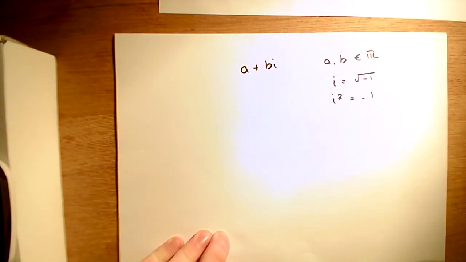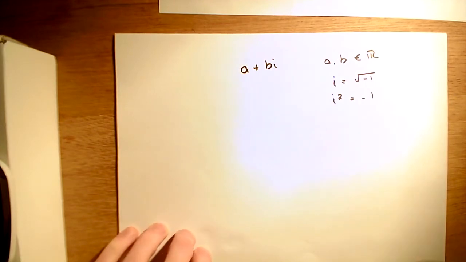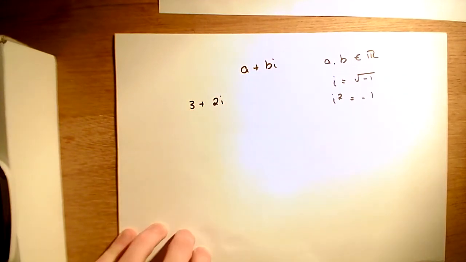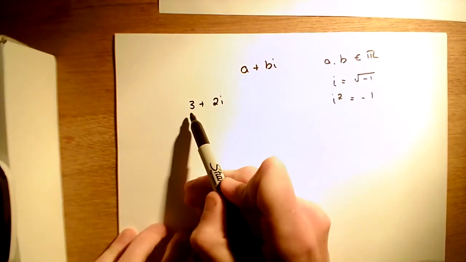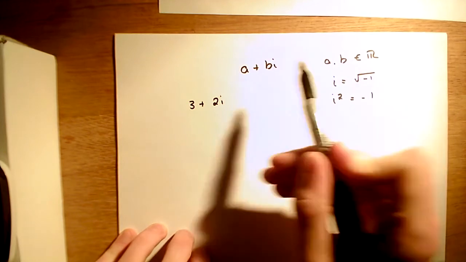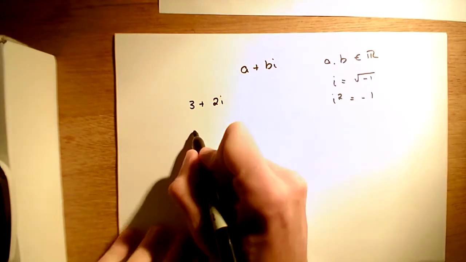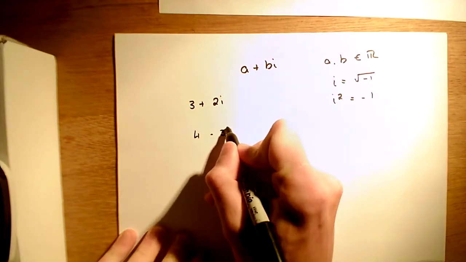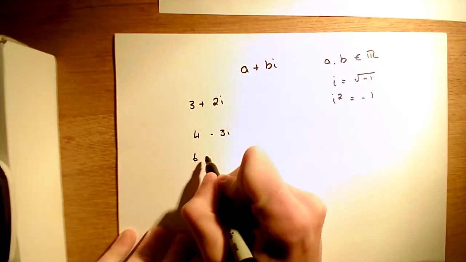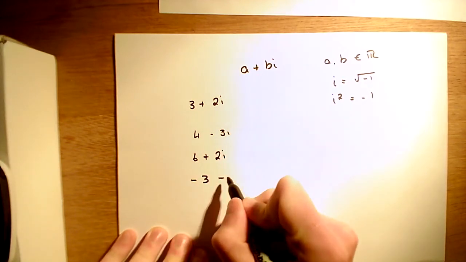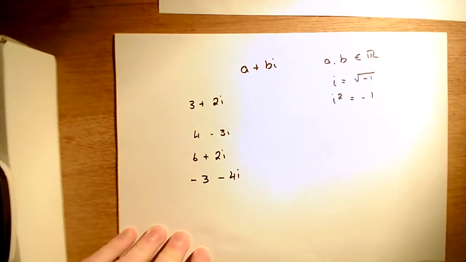If we pick a random example of a complex number, we could have something like 3 plus 2i. That's a complex number. We have our real element, and i falls in line with the rules we've discussed. Other examples: 4 minus 3i, 6 plus 2i, minus 3 minus 4i, and so on.